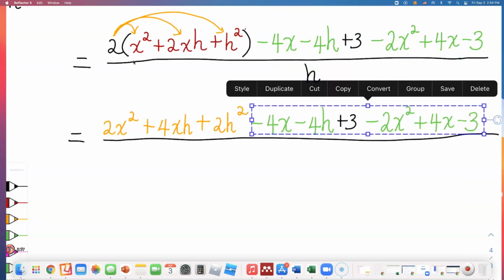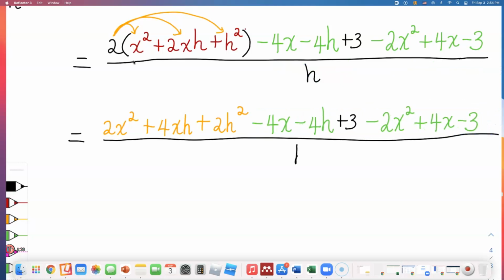Okay. Now, fun part begins. We are now going to find some opposite terms to cancel out. Okay? So let me see if I see any opposite terms. I see a positive 2x squared and a negative 2x squared. Those are gone.